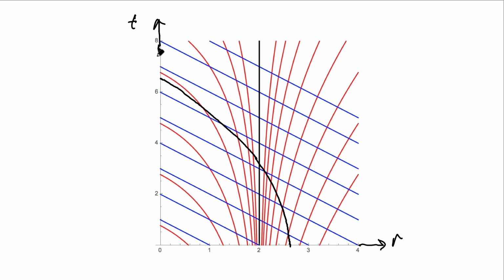This is the singularity, squiggle line here. And of course, 2m is the event horizon.